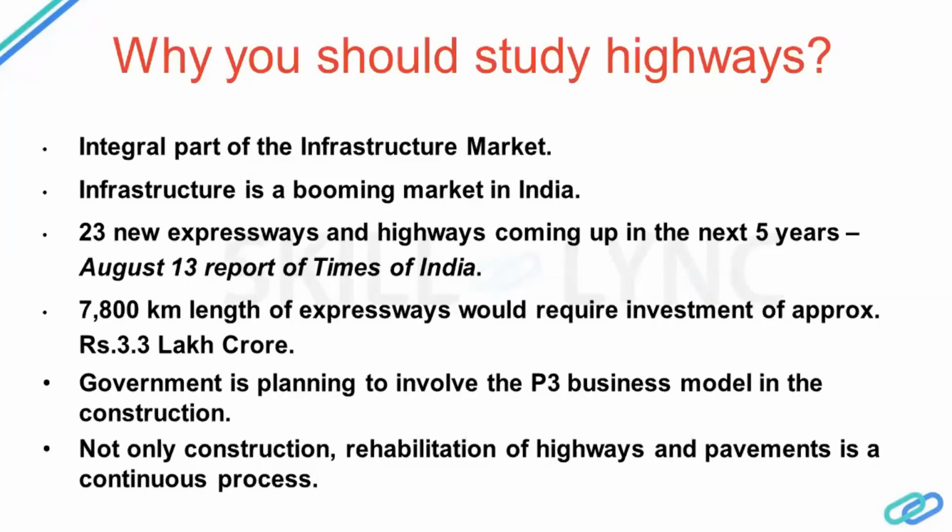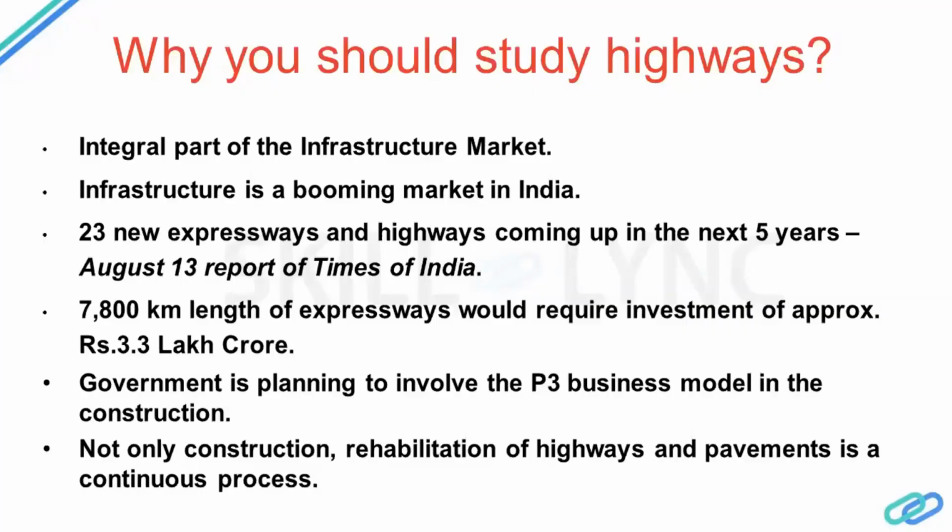Also, in this particular business model, they are also responsible for the maintenance of the specific highways or whatever business that they are part of. And in the end, after the completion of their whole contract, they give it to the government. So this is, all in all, better for the government, better for the taxpayers, better for ourselves when such a business model is being promoted by the government.